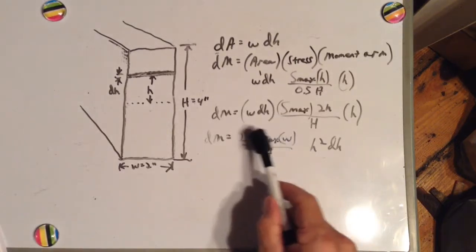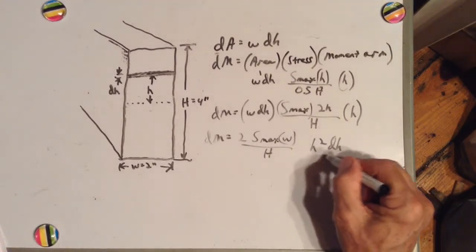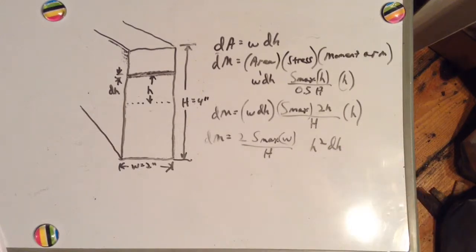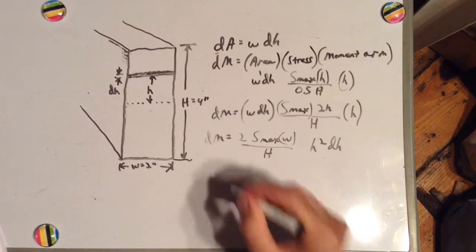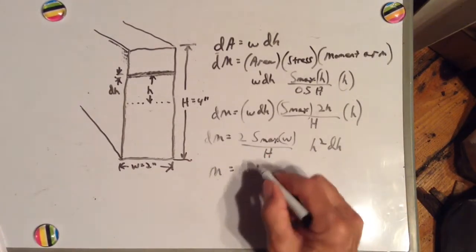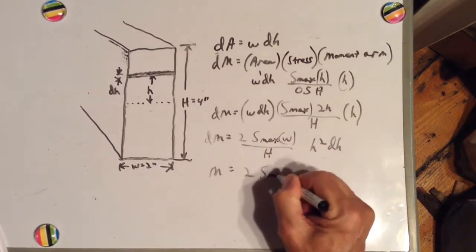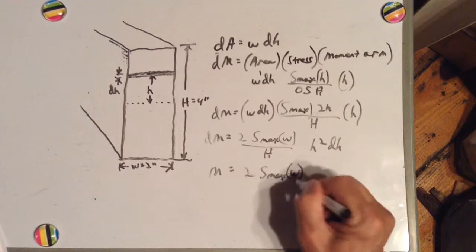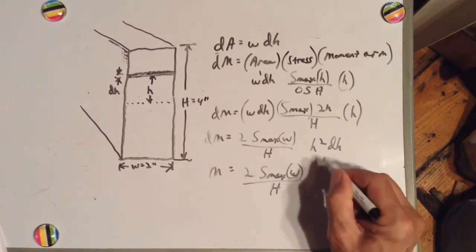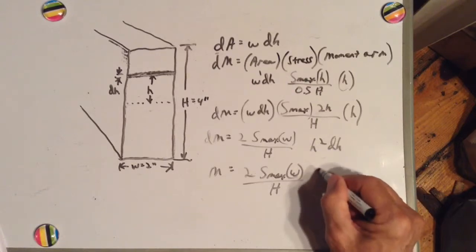Okay, these are all constants, so this is what we want to integrate, h squared times dh. So the integral of dm is M. M equals the integral of all that, which is just bring all this stuff straight down. 2 times maximum stress times w over capital H times the integral of h squared dh, which is h cubed over 3.